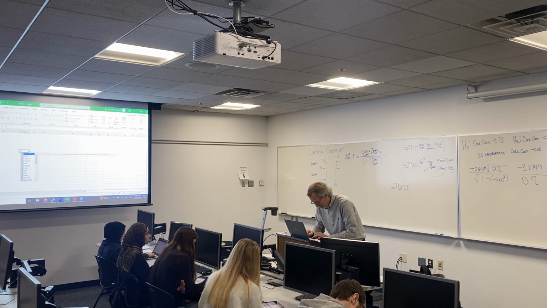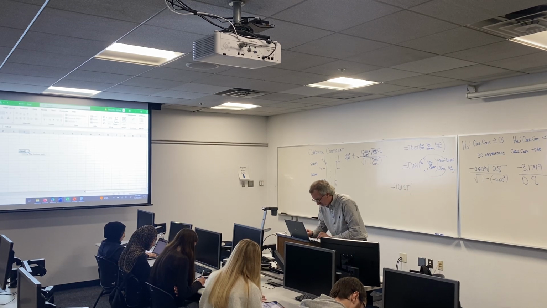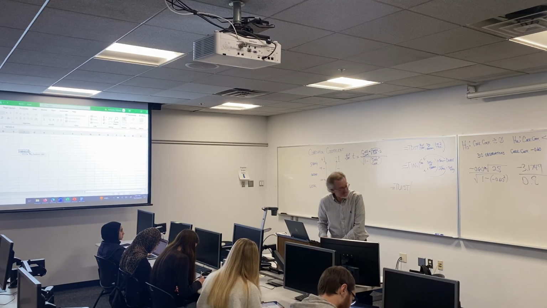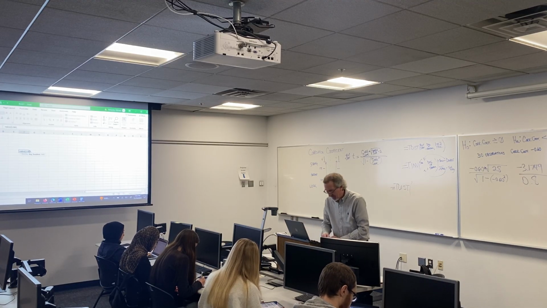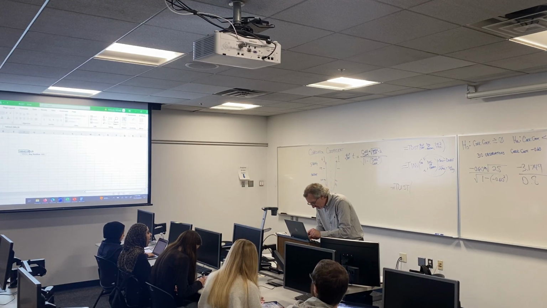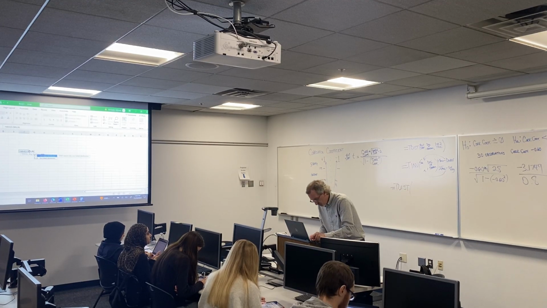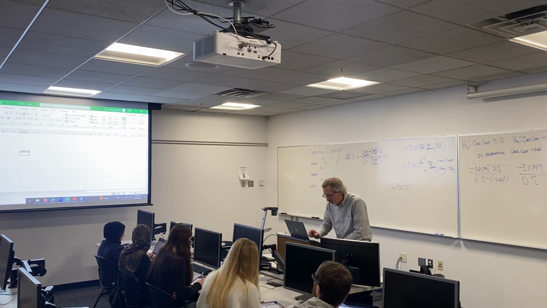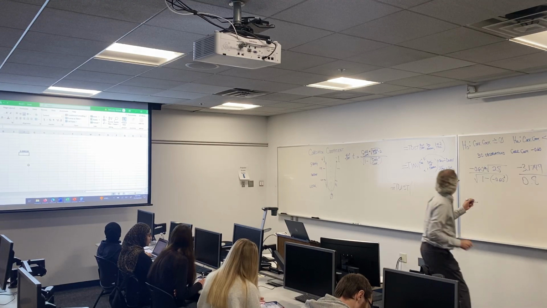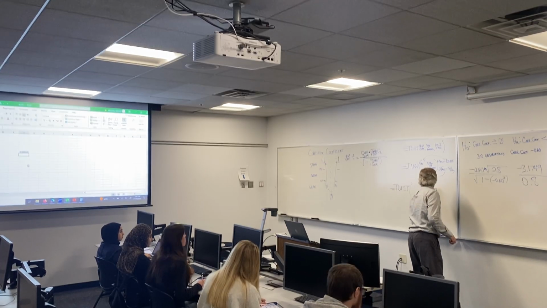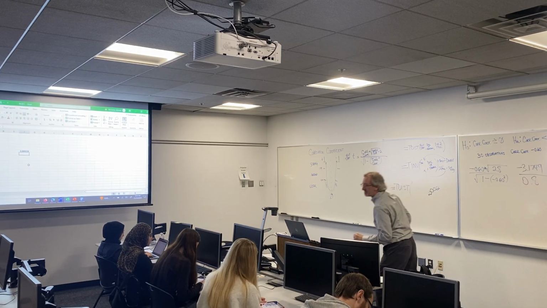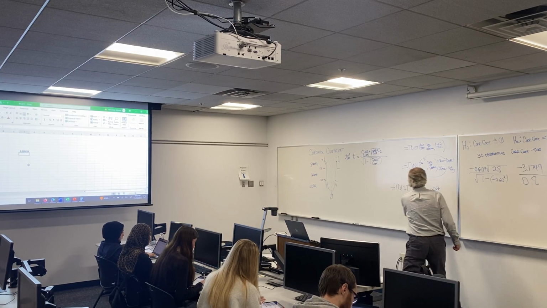Equals T.DIST. Drop the negative; we're using a positive 3.969, comma, degrees of freedom, which you told me is 28. Is this a one tail or two tail? One tail. So our p-value is 0.000, then three zeros, and then 228.